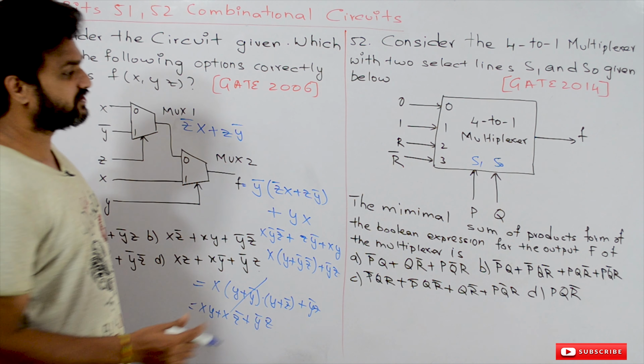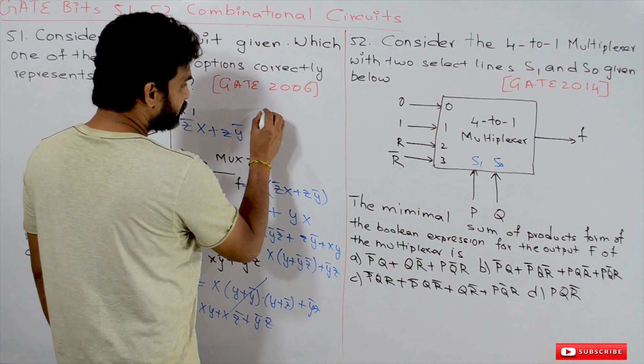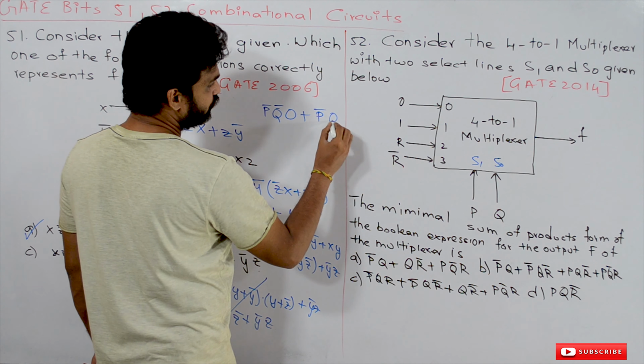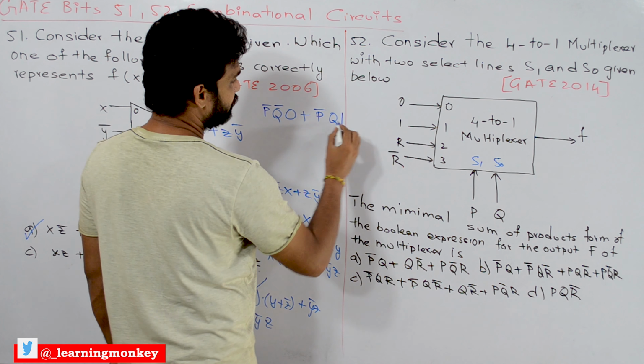How to solve this? It's very simple. Whenever the input is p bar q bar, it selects the 0th line I0, which is equal to 0. Whenever the value is p bar q, the line with 1 gets selected and the output is 1.